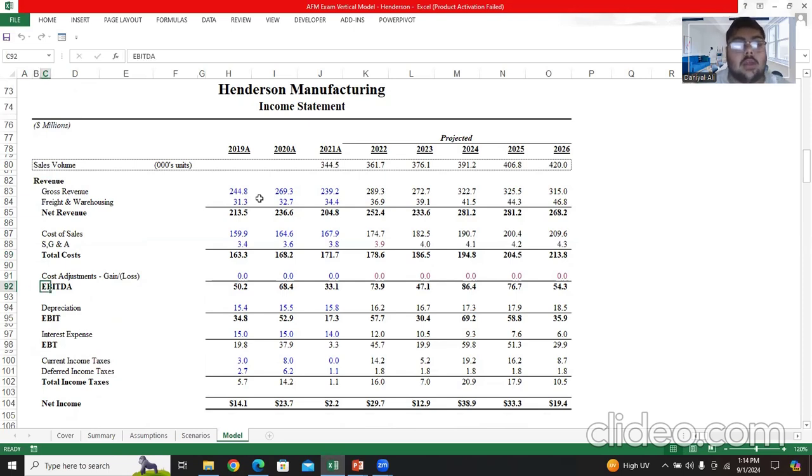EBITDA, or you can say profit before interest, tax, depreciation, and amortization. So it's up to you how you relate those. Then you subtract your depreciation and amortization.